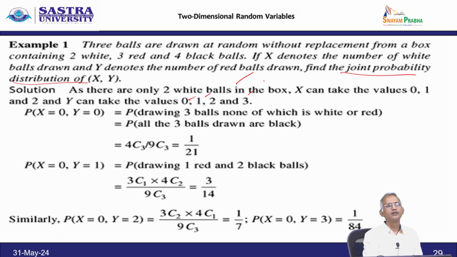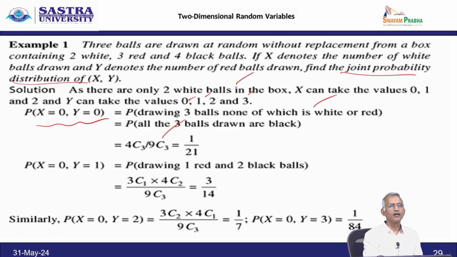Now, we find the probability of x equal to 0 and y equal to 0. That is the probability of drawing 3 balls, none of which is white or red, so all 3 balls drawn are black. Therefore it is 4C3 by 9C3, equal to 1 by 21.